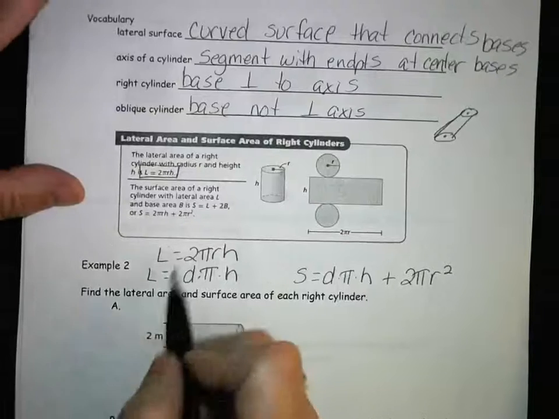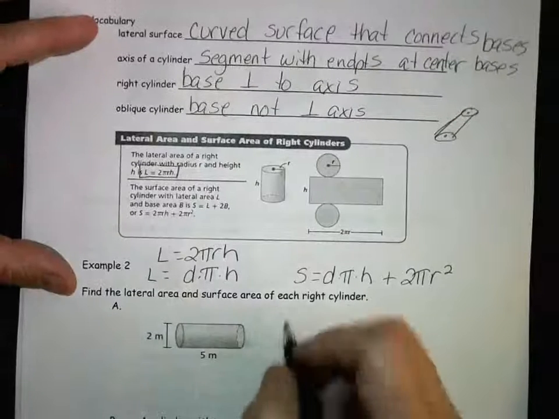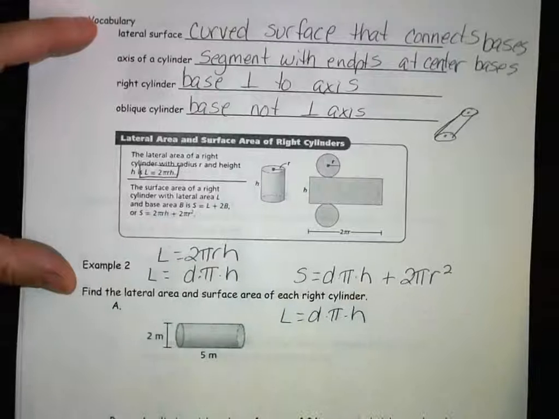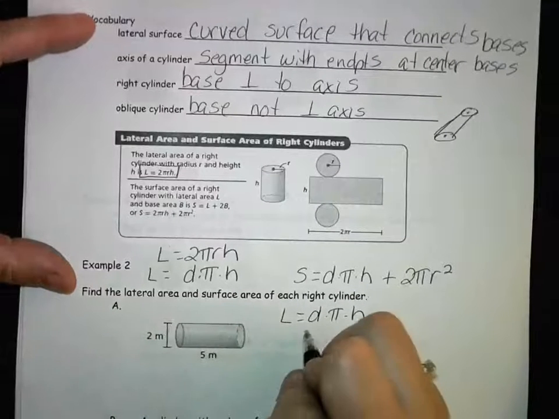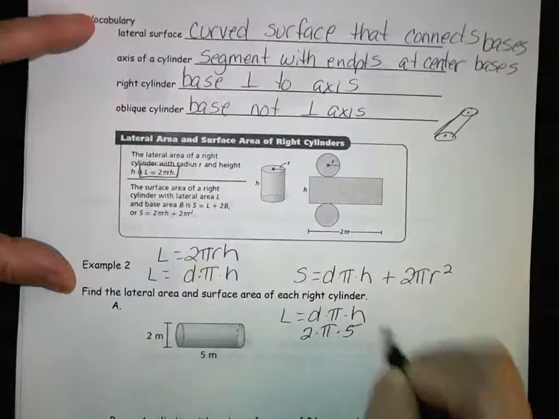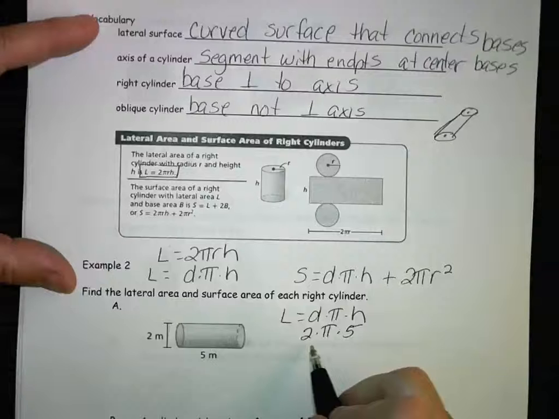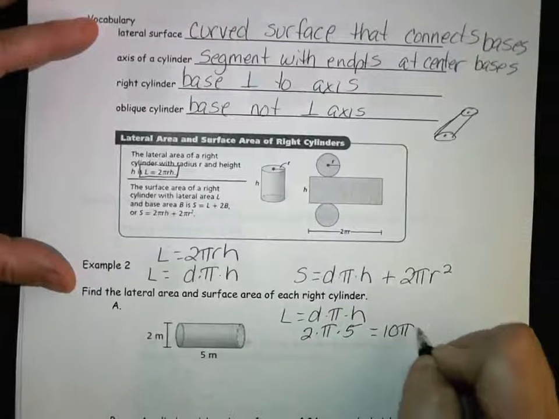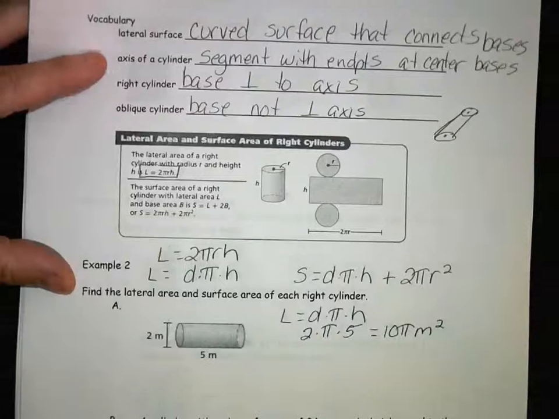Starting out with our formula for lateral area, I'm going to have diameter times pi times height. Your diameter in this case is 2, times pi, and your height is 5. 2 times 5 is 10. And I'm just going to leave that as 10 pi square meters.